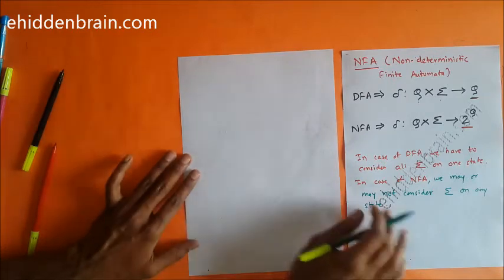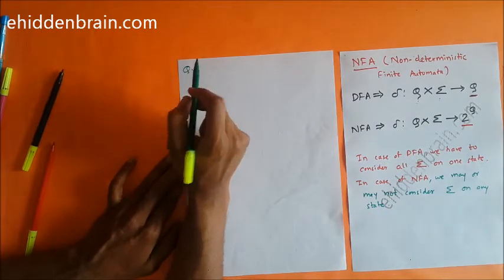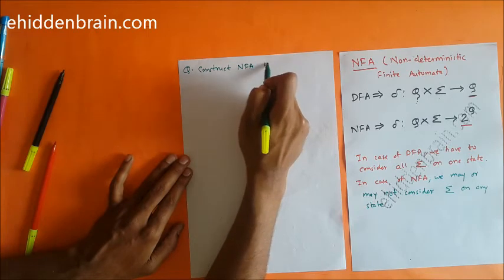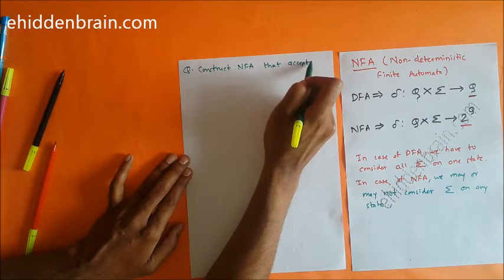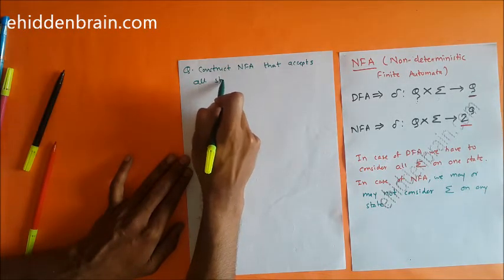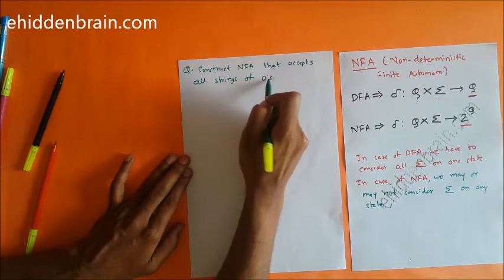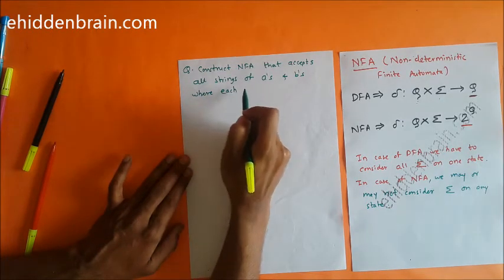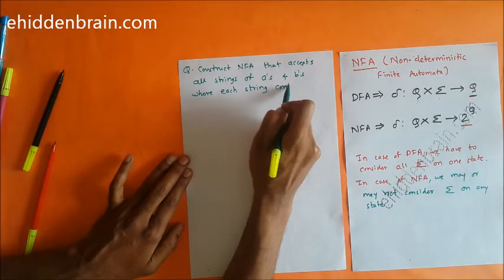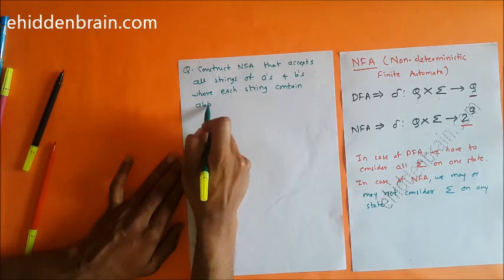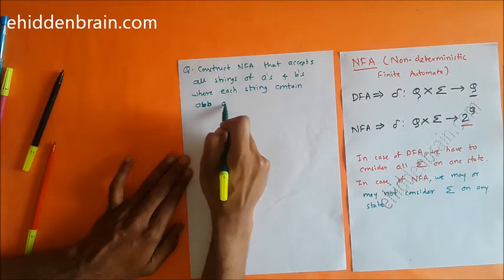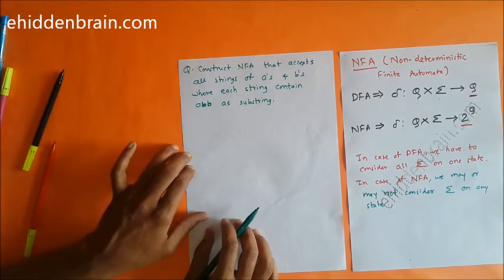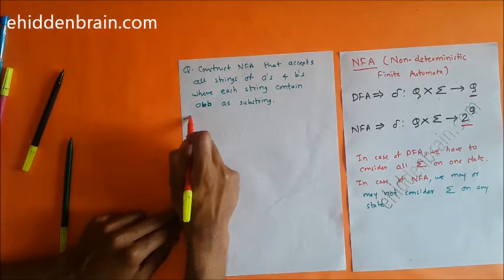The question is: construct NFA that accepts all strings of A's and B's, where each string contains ABB as substring. Now we'll see the answer for this. I hope you understood the question.